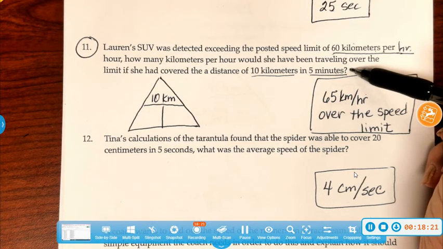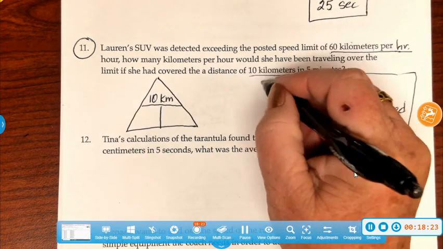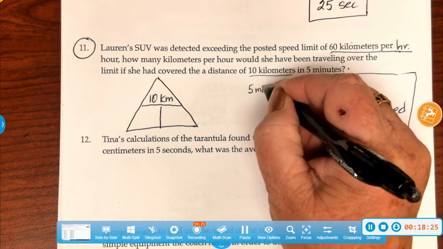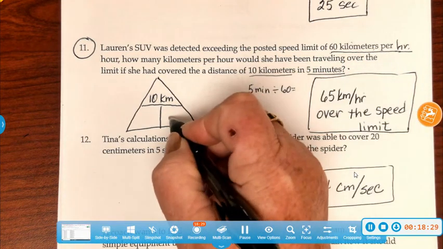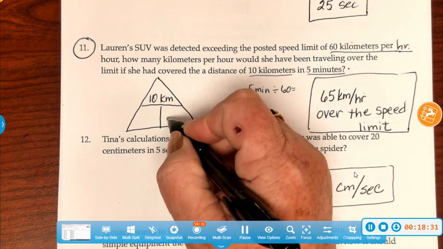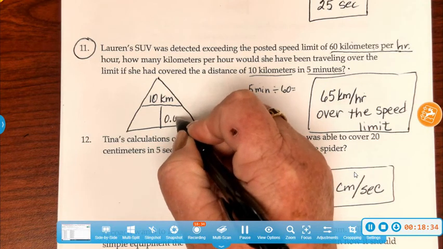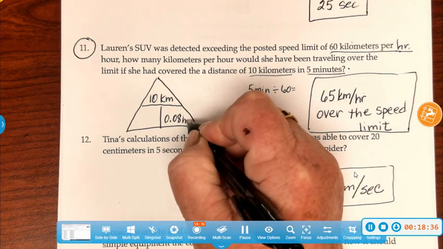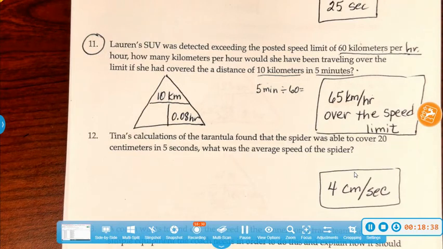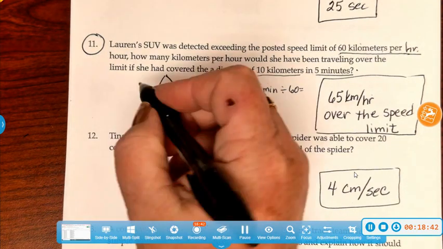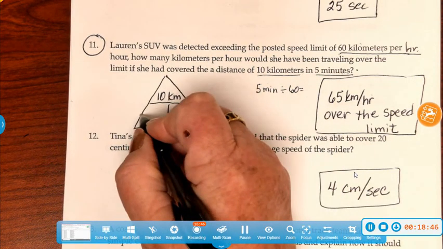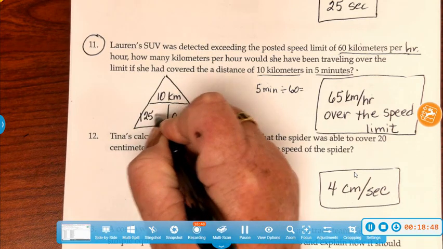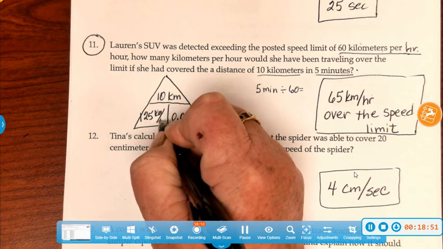So it'd be 5 minutes divided by 60. You should get 0.08. So now it's hours. So your answer as to how fast she was going is 125 kilometers per hour.